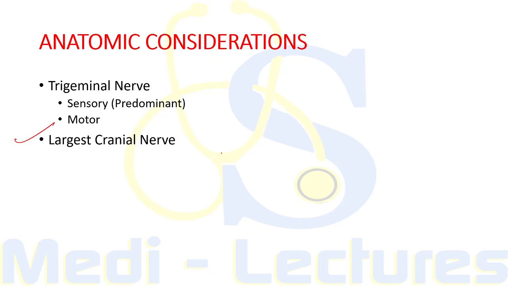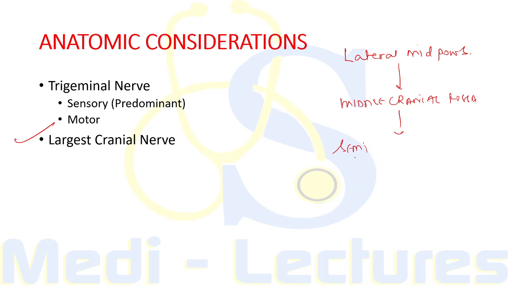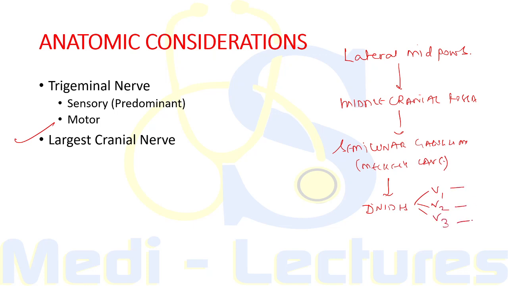When we consider the course of this nerve, it exits through the lateral midpons, then comes into the middle cranial fossa, and then this nerve has a ganglion known as the semilunar ganglion, which is present in Meckel's cave, and finally it divides into its three divisions, that is the ophthalmic division, maxillary division and mandibular division.